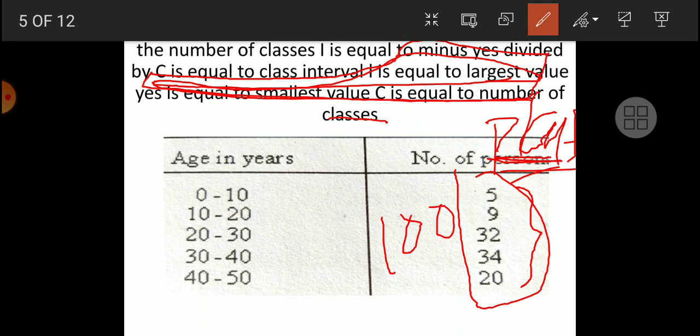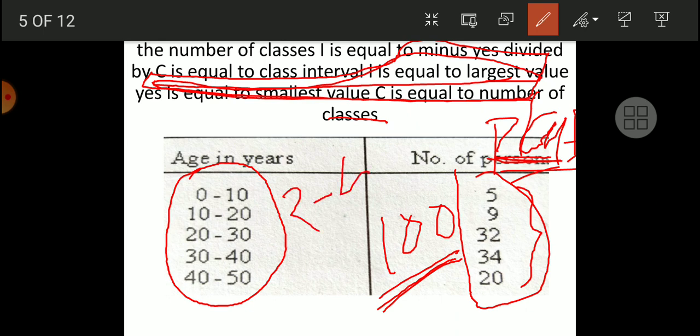And here we can see the age. As I have already said, these 100 plants are considered, having ages from 2 to 47, and that's why we have made the classes 0 to 10, 10 to 20, 20 to 30, and finally 40 to 50. So this table we will first read.